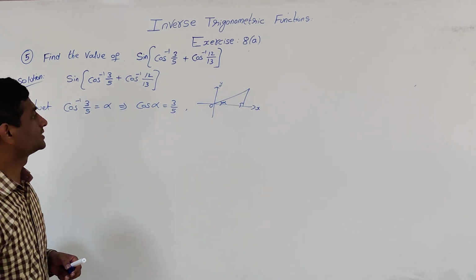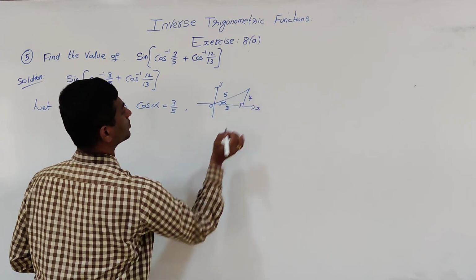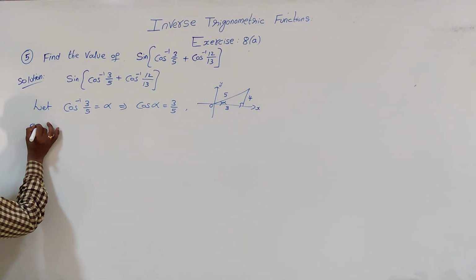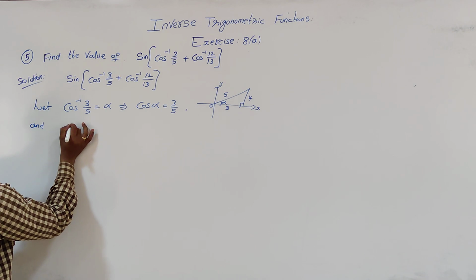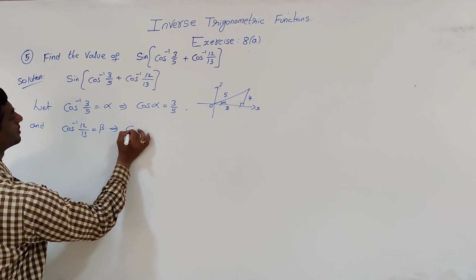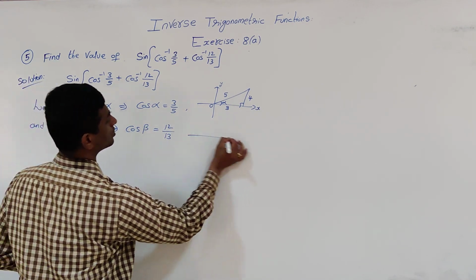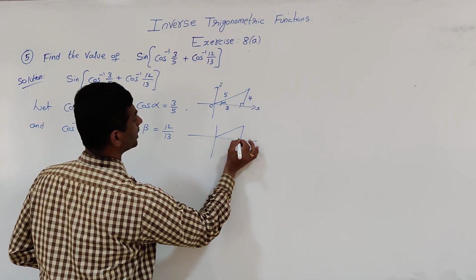Cos alpha is adjacent side by hypotenuse, so 3 is the adjacent side, the hypotenuse is 5, and this becomes 4. Next, cos inverse of 12 by 13 is equal to beta, which implies cos beta is 12 by 13. So go for one more right angle triangle for beta.